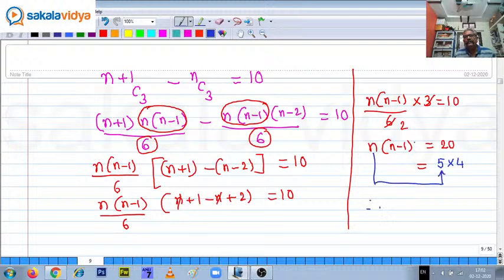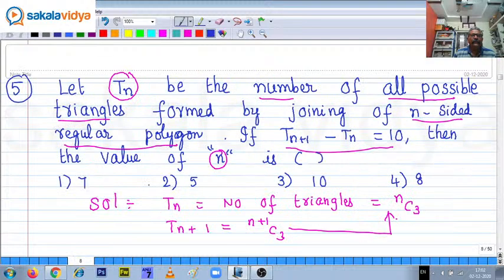Or n minus 1 is equal to 4, so n equal to 5 obviously. That means a pentagon. So the answer is pentagon, or you can say n is equal to 5. Here the second option is the right option.